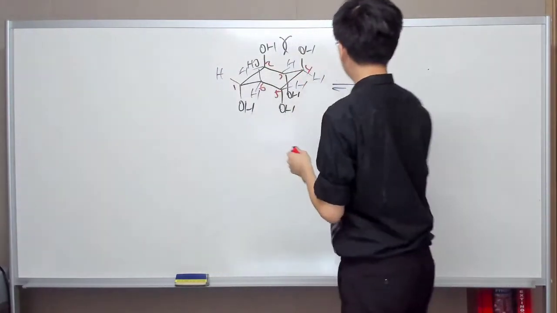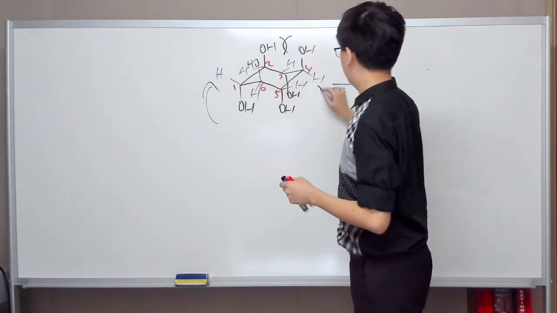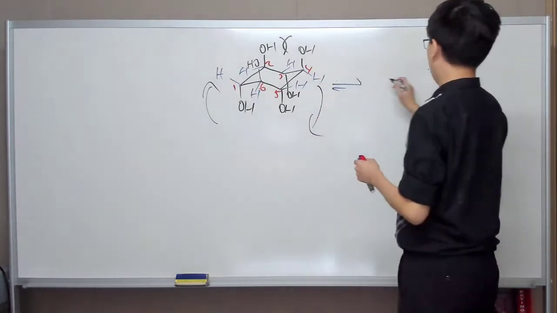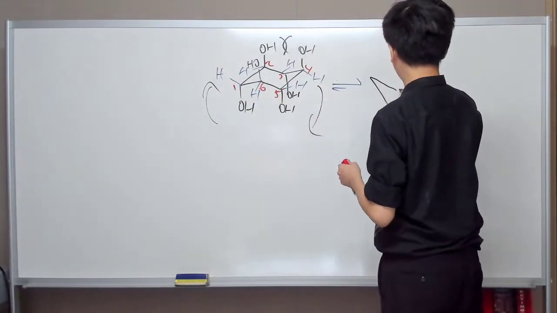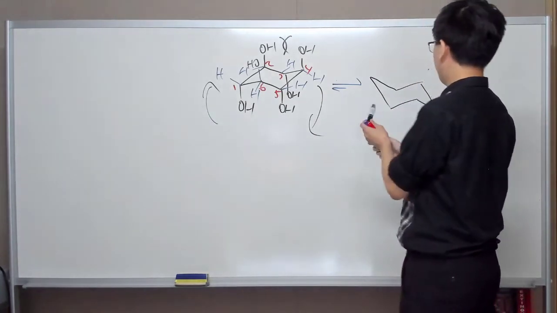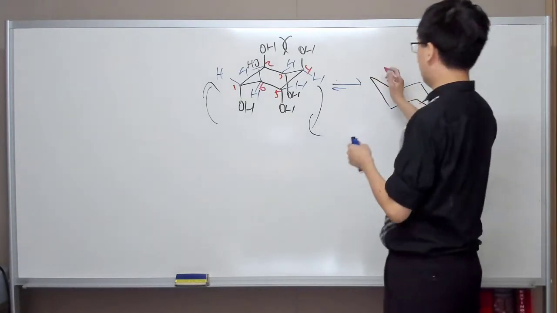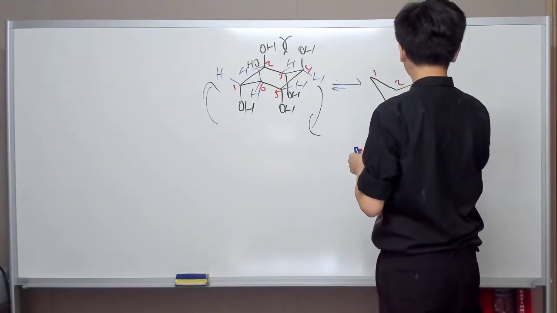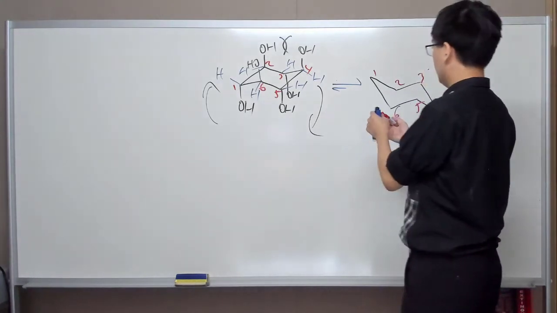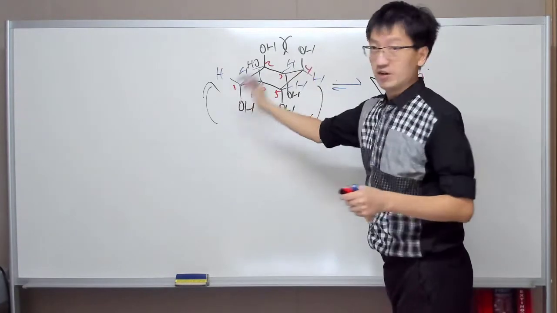When we draw the chair again, because this part is flipped upwards and this part is flipped downwards, it will look like this. If you have trouble doing it, it's good to number the carbon first so that you can track it. Carbon number 1, OH, remember, is pointing downwards.